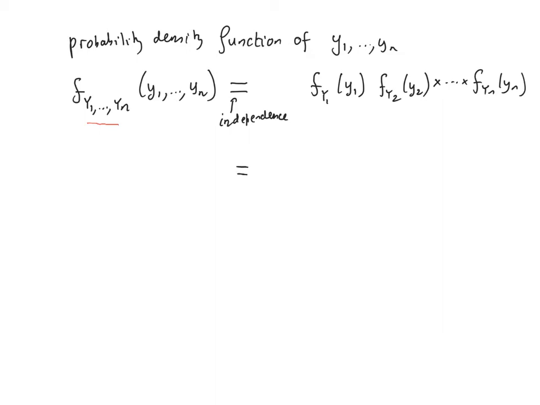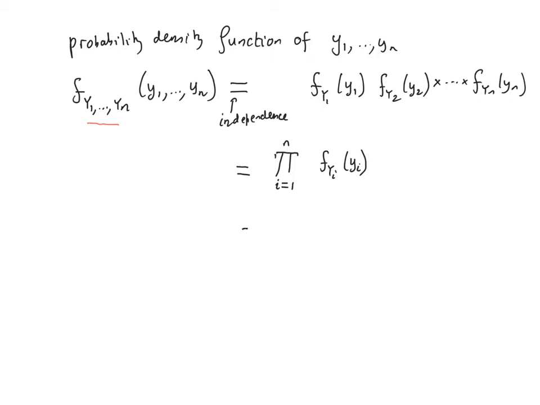And we can use the product notation to simplify what we've written. So that's the product from i equals 1 to n of f_{Y_i} evaluated at the data point y_i. So we're multiplying together the n individual probability density functions.